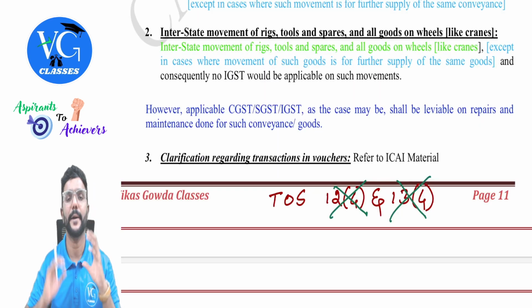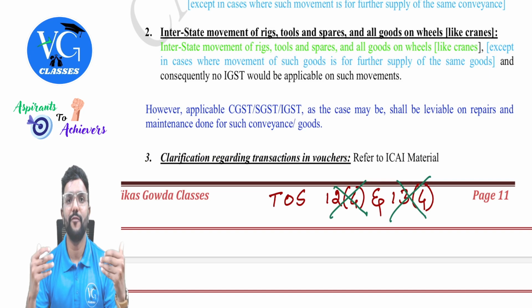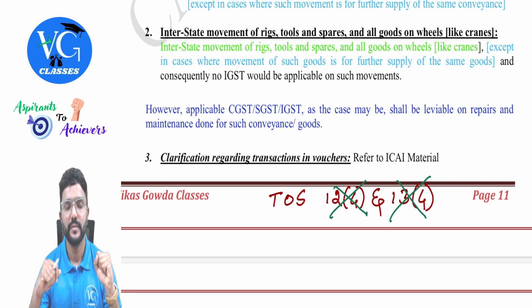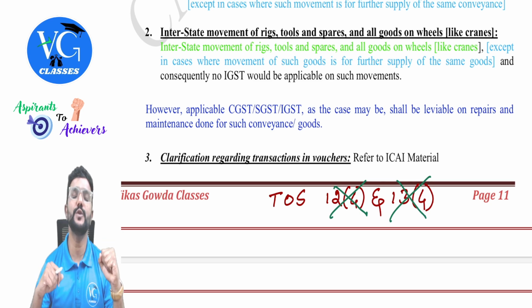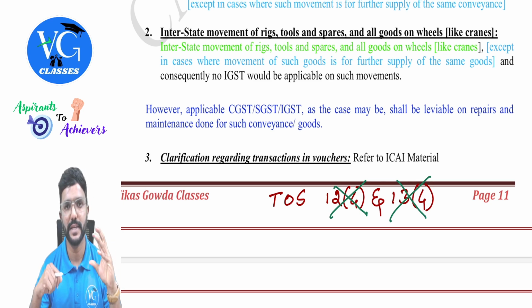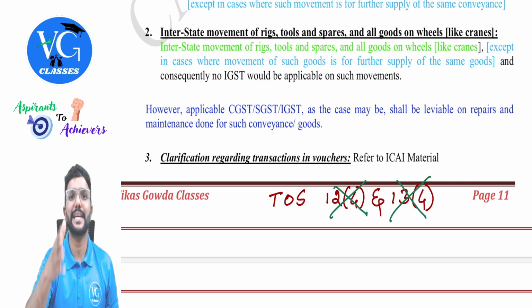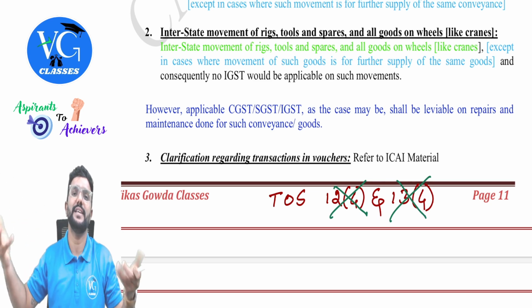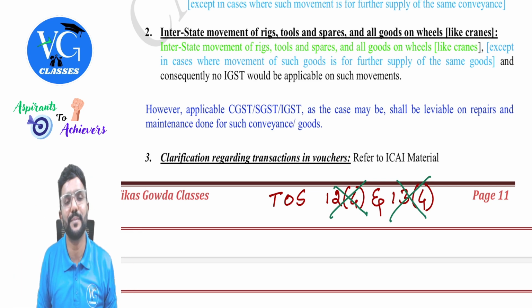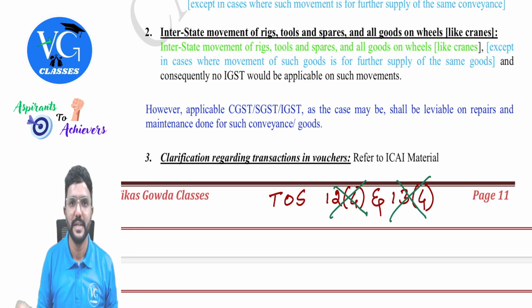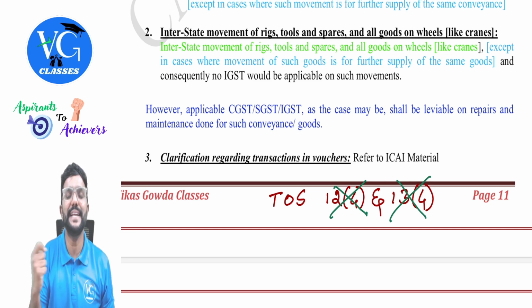If there is sale of voucher or coupon, it is neither the supply of goods nor the supply of services, guys, because it is an actionable claim, and actionable claim is covered in Schedule 3. Sir, what if it is used as prepaid instruments?